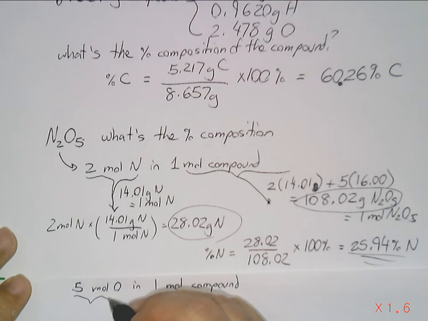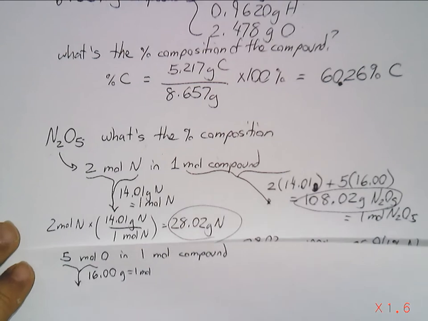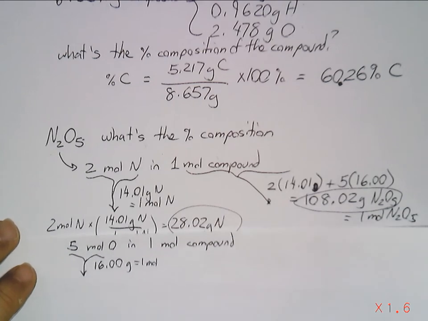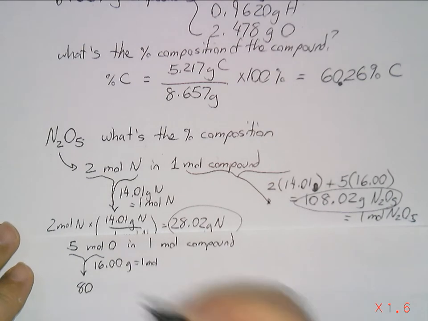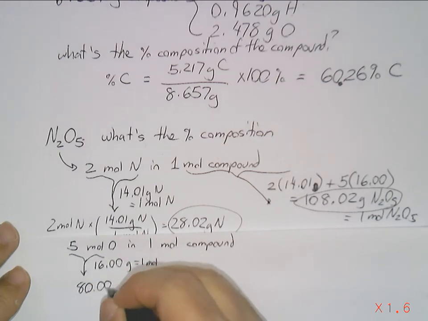So I could say, well, oxygen is 16 grams per mole. So for the oxygen part, what am I going to get? 5 times 16 is 80, right? I guess if I use significant figures, it'll be this.